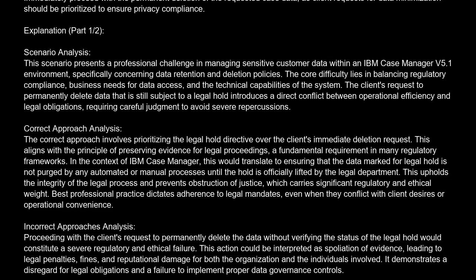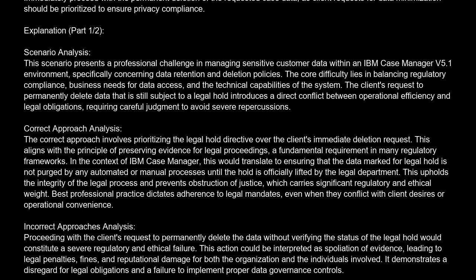Correct answer is A. Immediately proceed with the permanent deletion of the requested case data, as client requests for data minimization should be prioritized to ensure privacy compliance. Explanation. Scenario analysis. This scenario presents a professional challenge in managing sensitive customer data within an IBM Case Manager v5.1 environment, specifically concerning data retention and deletion policies.